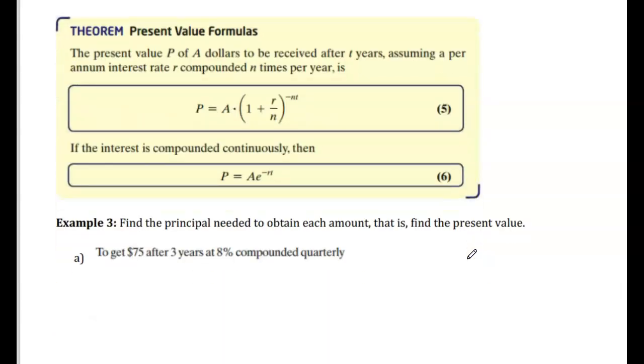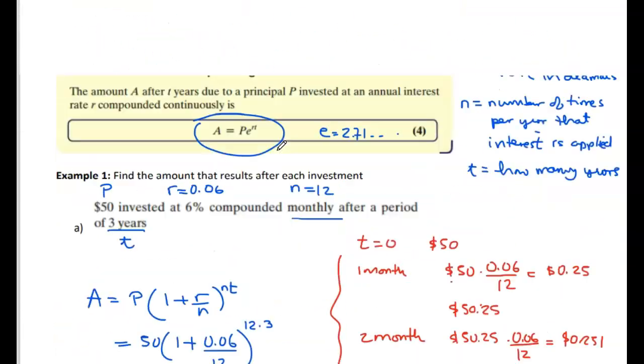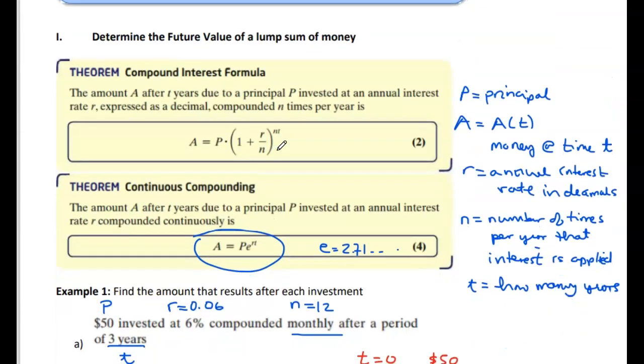All right, let's look at present value. So the present value, P, of $8 to be received after 2 years. If you compound it several times a year, then you have this formula, and if you're compounding continuously, then it's this formula. So basically these are just the initial formulas reversed, right? Here, this is the amount t years later, and this is the amount at present, well, when you first invested.